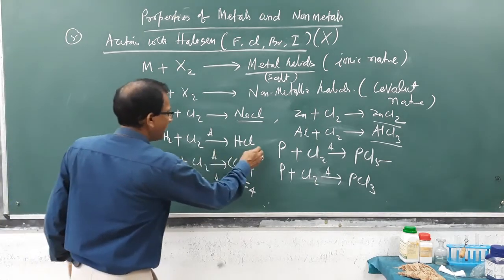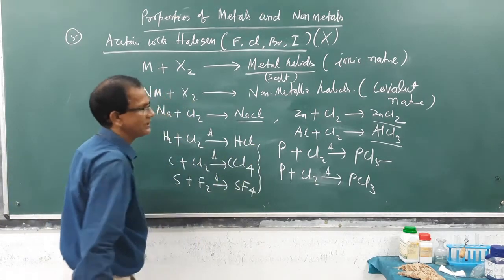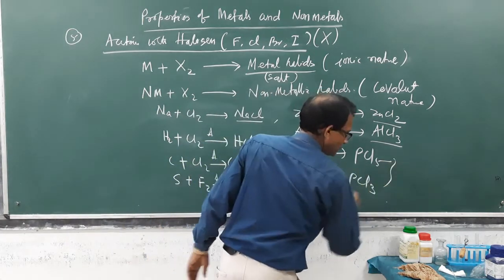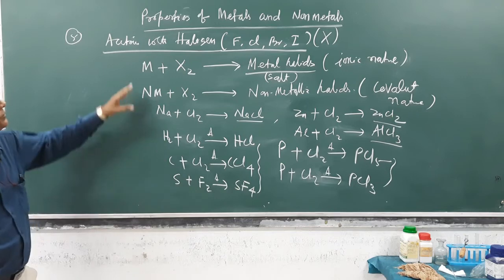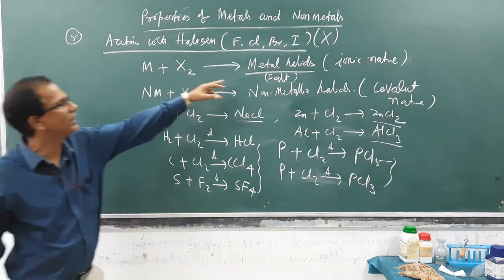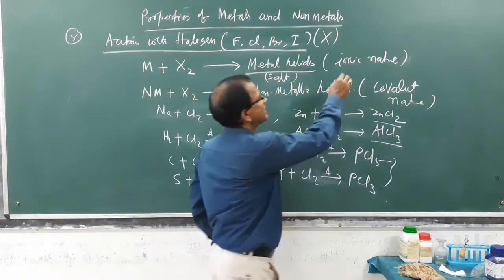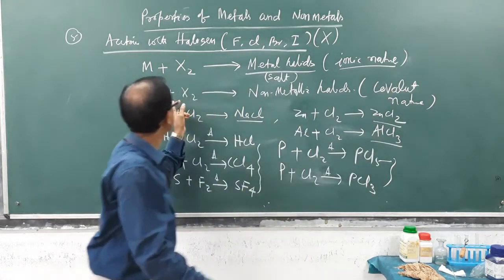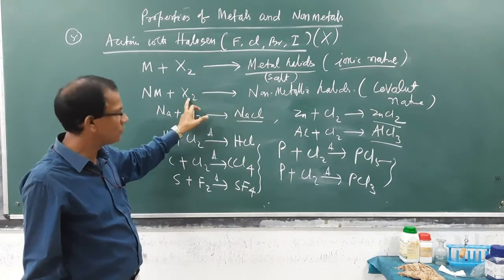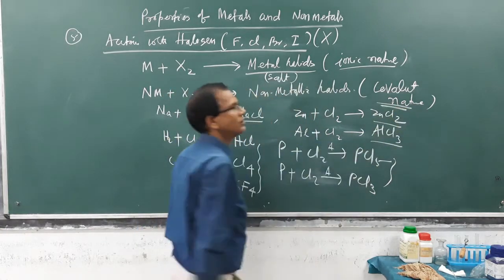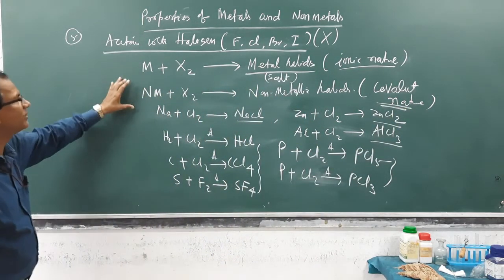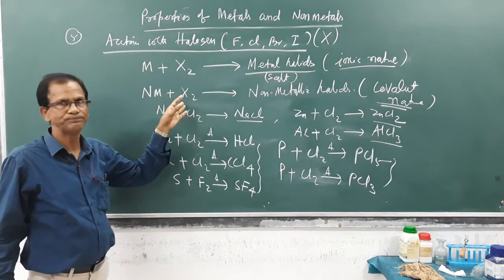So metal with halogen forms metal halides, which are ionic in character, and non-metal with halogen forms non-metallic halides, which are covalent. So this is the difference between metal and non-metal in the action of halogen.